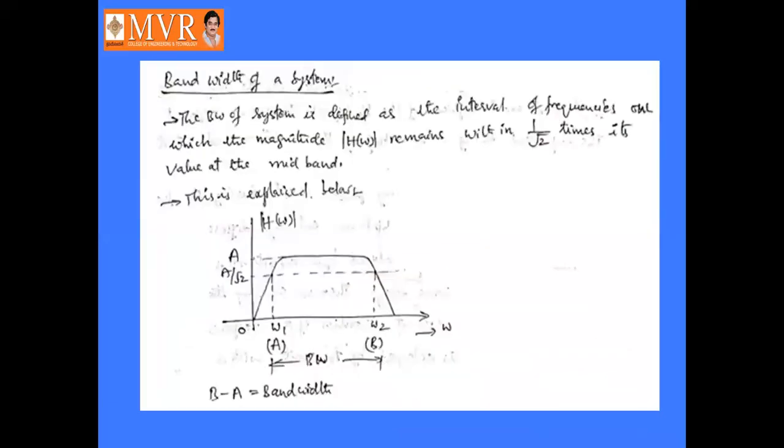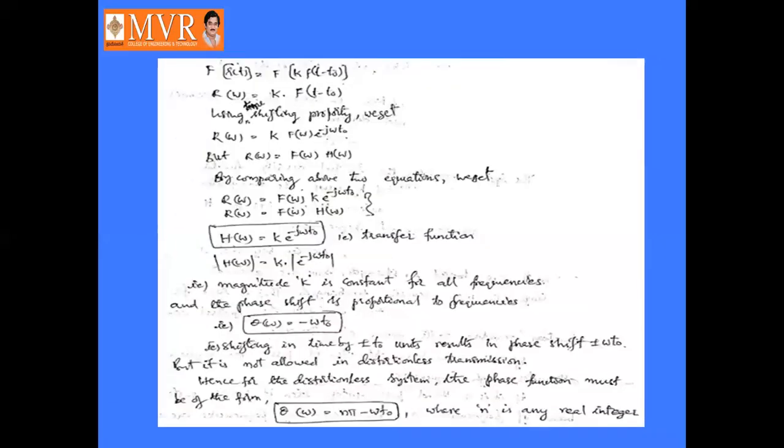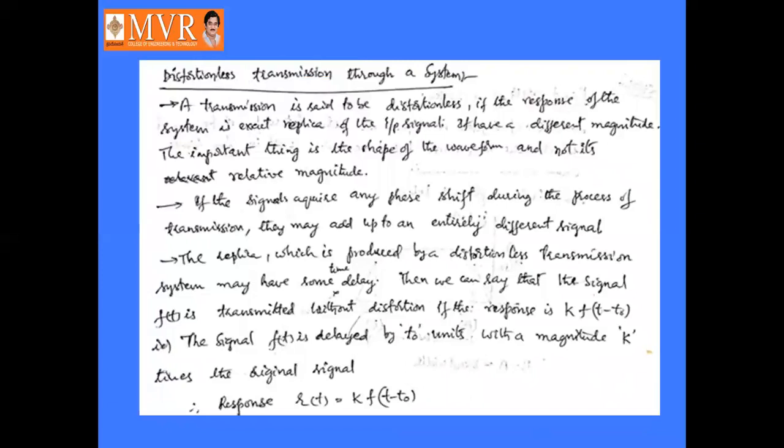Hence, for the distortionless system, the phase function must be of the form theta of omega equal to n pi minus omega t naught, where n is any integer. Okay, that is about the transmission through a system without distortion.